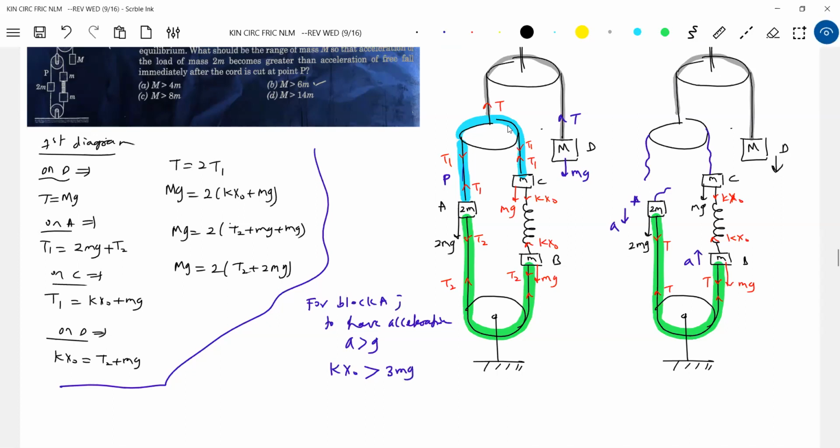From where am I bringing this? Here tension T is acting, and that will become internal to the system. Then 2mg and mg are there. So kx naught should be greater than 3mg. So we can write kx naught minus mg minus T equal to ma, and 2mg plus T equal to 2ma, so that A should be greater than g. Shall I write it directly or individually if you want? For individual blocks, you write it. Finally, you'll end up with the same condition.